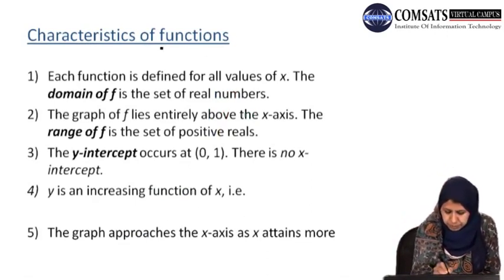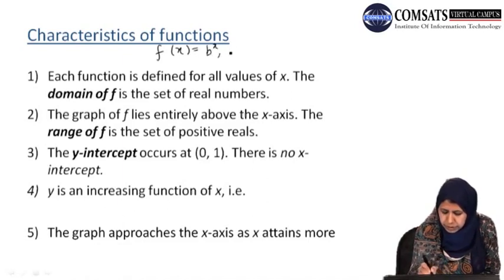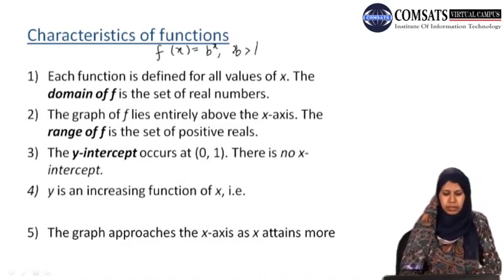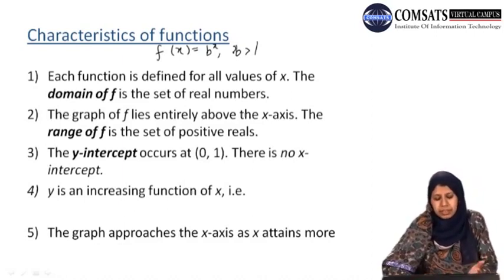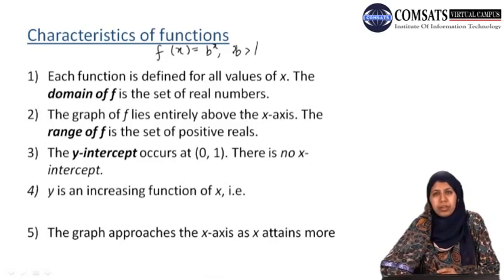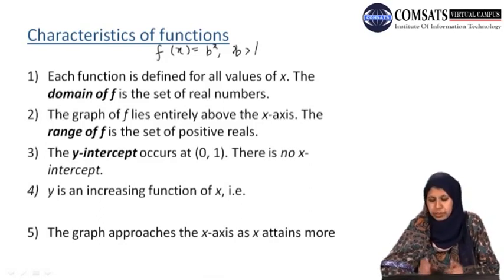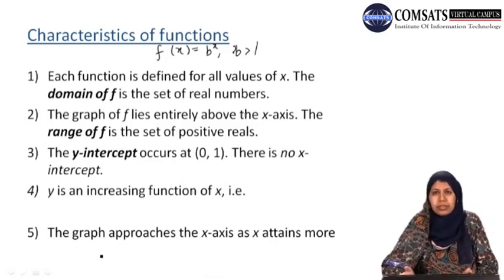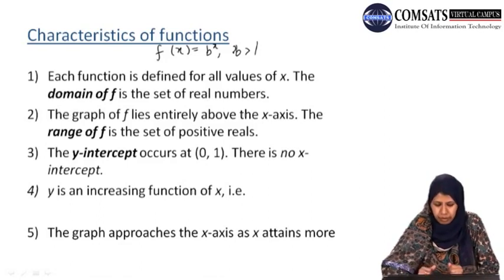f of x is equal to b to the power x, where b is greater than 1? Now we have seen that each function is defined for all values of x. That is, the domain is the set of all real numbers.